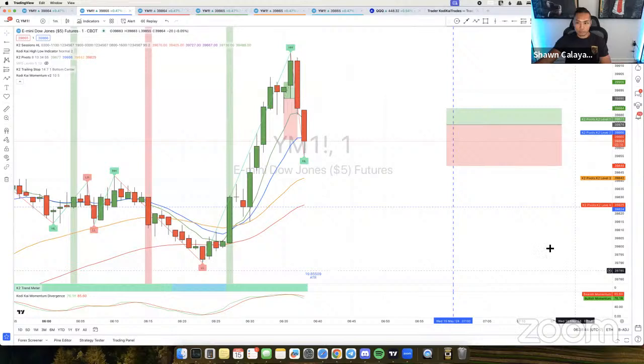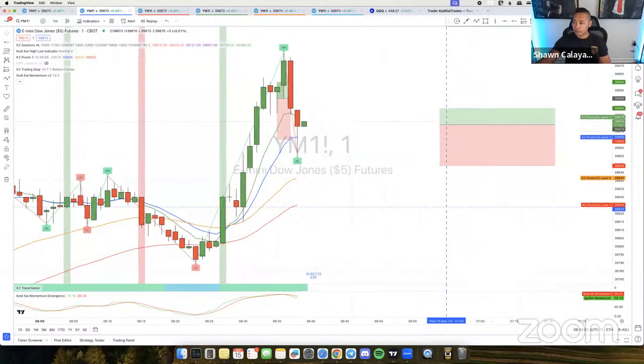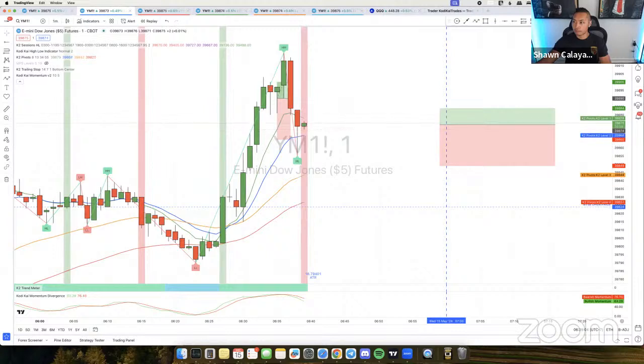So we got the divergence to the downside right here, and then we're going to look for it to swing back up. Yeah, Drew said this push to the upside was a stop loss hunt. Yeah, I agree. So it looked like.